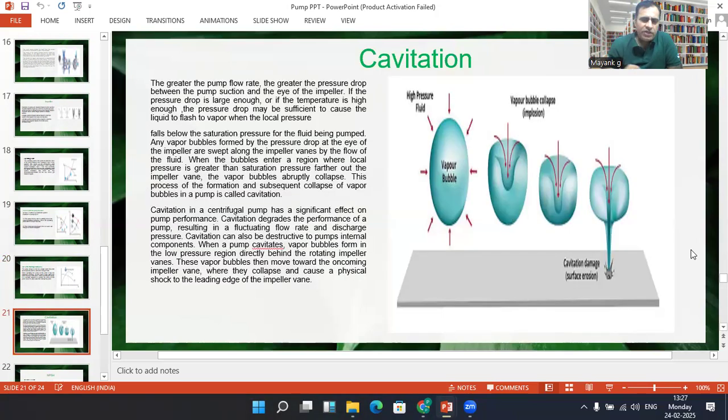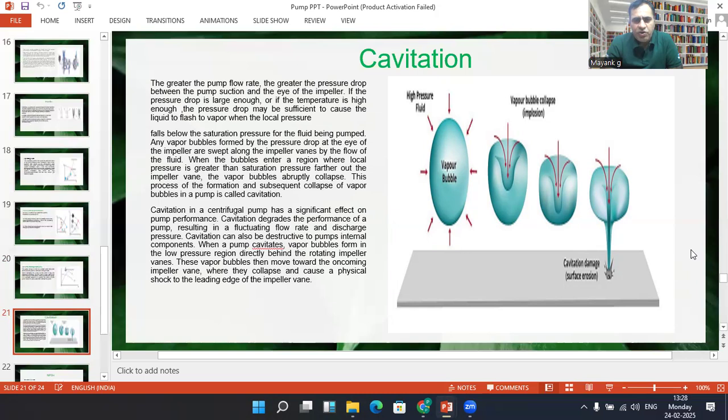Cavitation is the most common problem that occurs in any centrifugal pump. Basically, the greater the pump flow rate, the greater the pressure drop between the pump suction and the eye of the impeller.